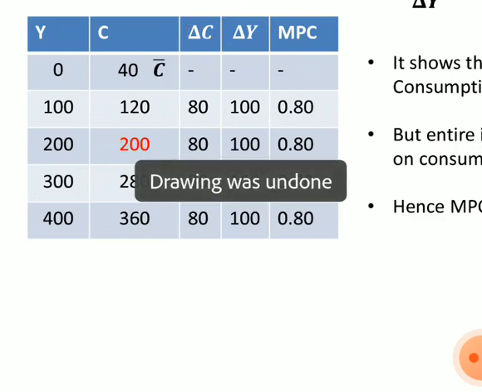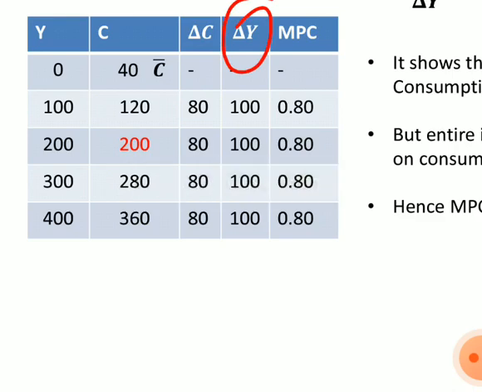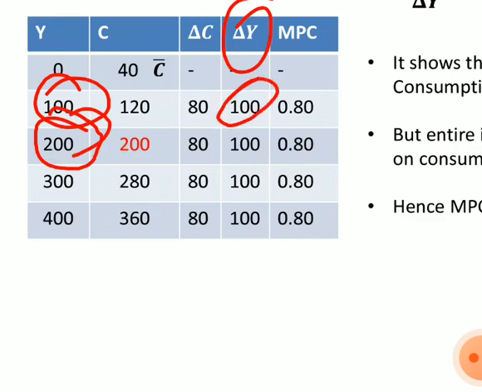Now in the same way we have to find delta Y, the change in income. What was the income in the previous month and what is the income this month? In the previous month we were getting rupees 100 and this month we are getting rupees 200. So what is the difference between these two? Rupees 100.